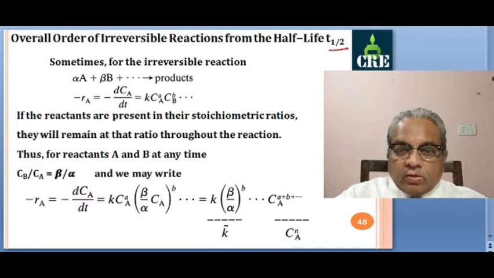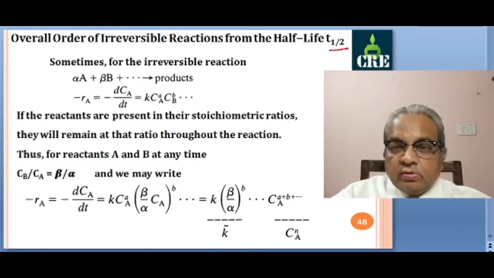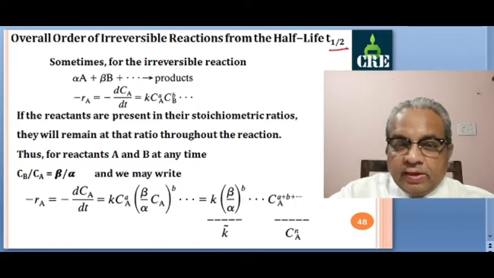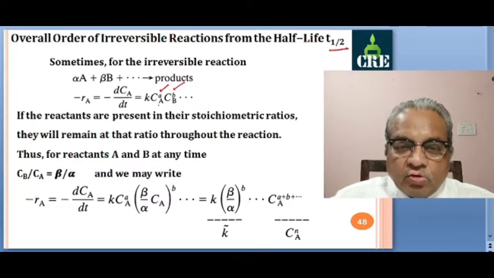Okay. So here we write the rate law as minus Ra is equal to minus dCa by dt equals K into Ca raised to a and Cb raised to b. So a is the order with respect to A and b is the order with respect to B. So these orders a and b are different from alpha and beta, which are the stoichiometric coefficients.